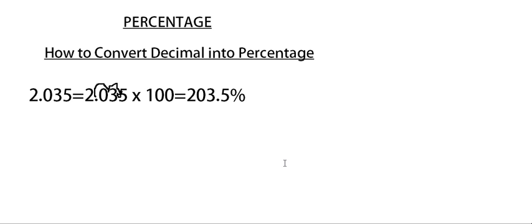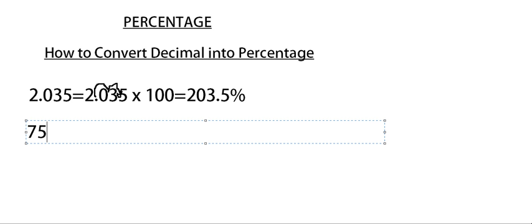Let's take one more example, 75.3. So I will write 75.3 into 100 in order to bring the answer in percentage form. Now I have to place the decimal 2 places towards my right, but I can see after the decimal I have only one digit.